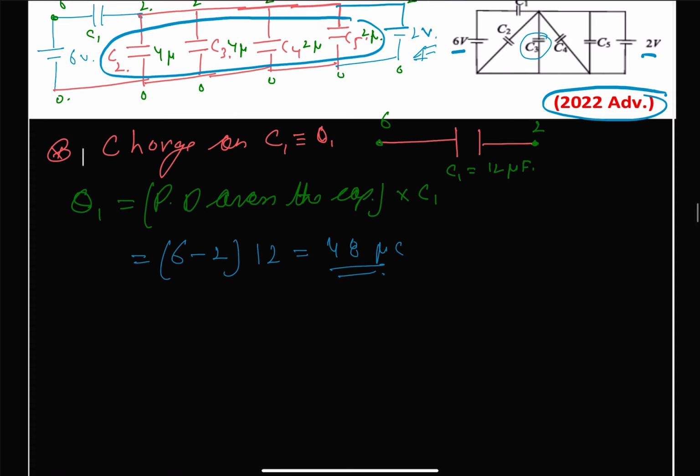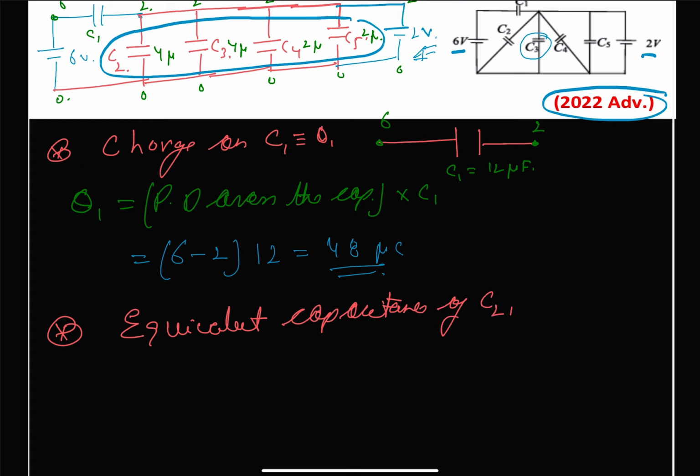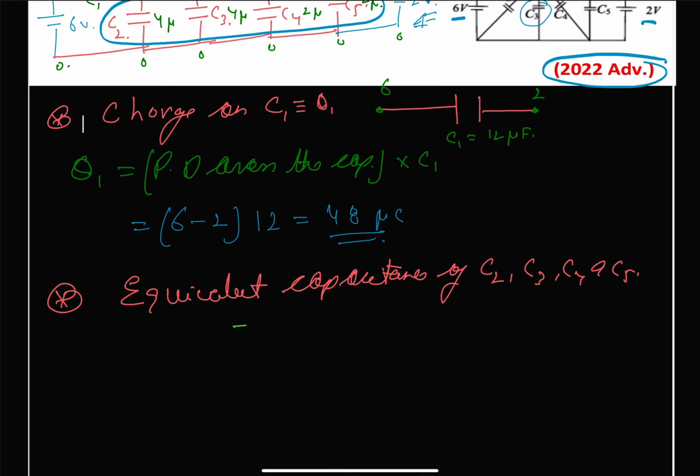So we can say that our equivalent capacitance of C2, C3, C4 and C5, let us call this equivalent capacitance C equivalent.